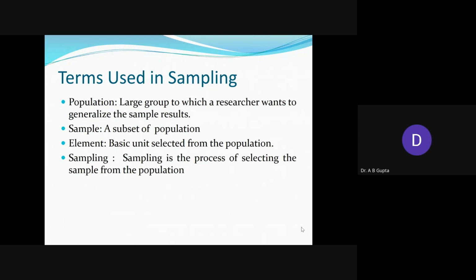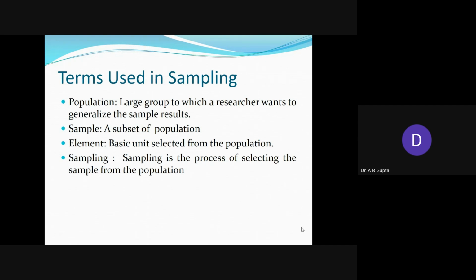It can be certain organization. But it is a large group. Okay, and sample is a subset of population. You want to collect information from the population, but because of the constraint, time constraint, financial constraint, you collect the information only from a smaller group, subset of population, that is the sample.